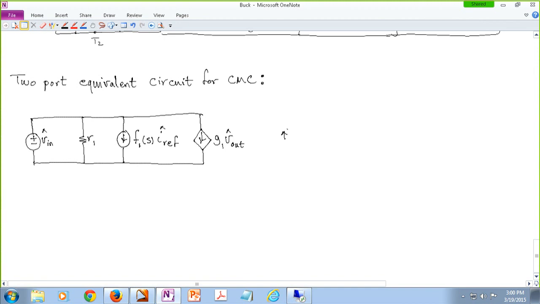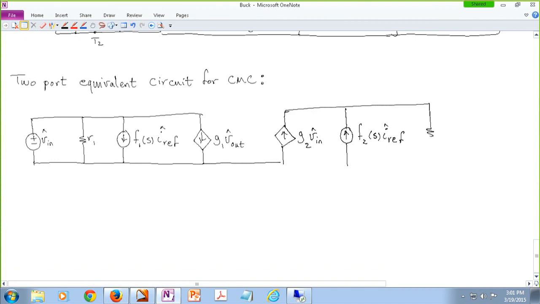And then on the output side, they almost have a similar structure: G2 V in perturbed, F2 of S times I ref perturbed, and another resistor, which is labeled R2, and then finally our capacitor and resistor.